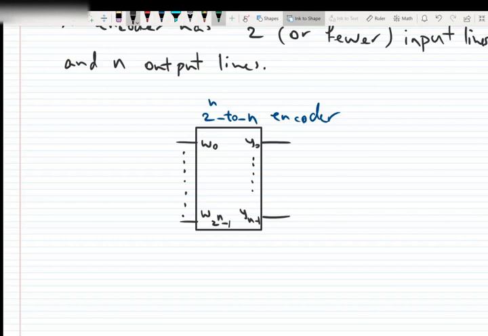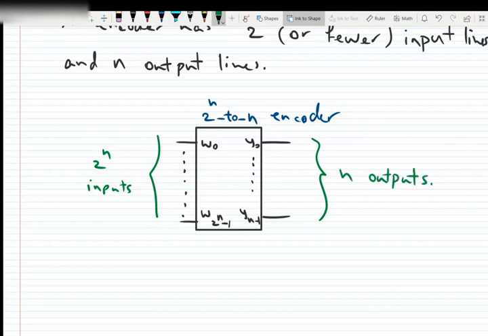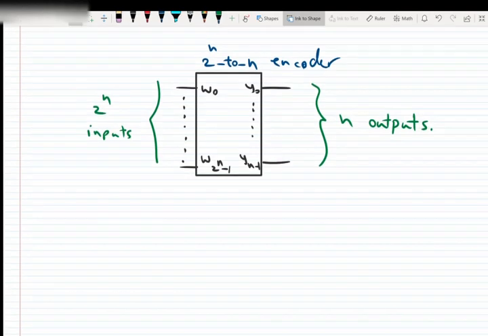So there are 2 to the power of n inputs and n outputs. Encoders are used to reduce the number of bits in order to represent given information. So this one is the encoder.